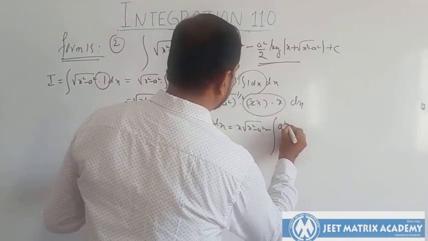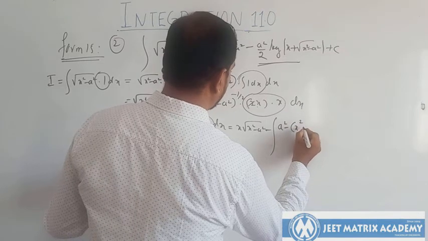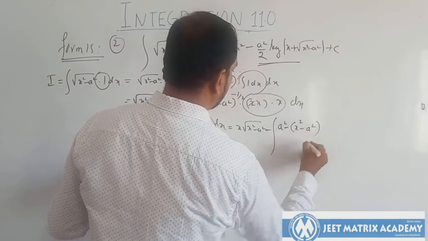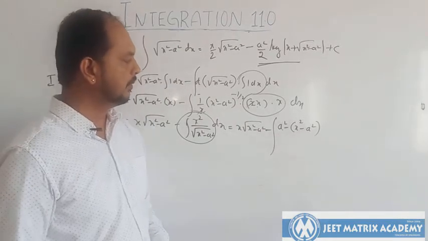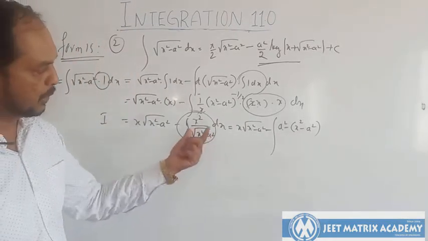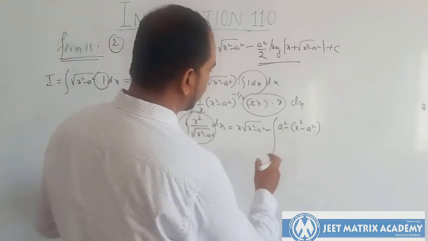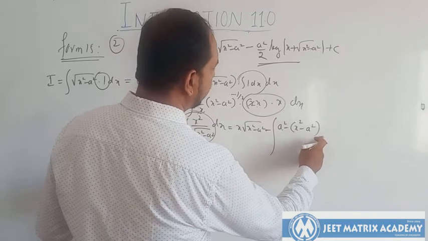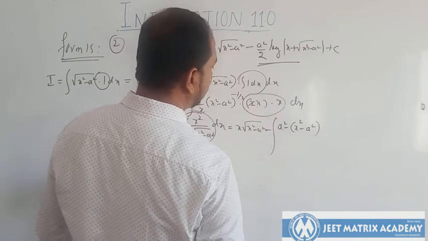so what I can write is x square minus, x square minus a square. Now it will be plus a square, then it will be 2a square, so not working. So if I do minus on the other side, does it work? Just think.